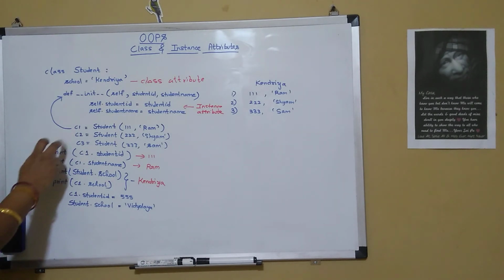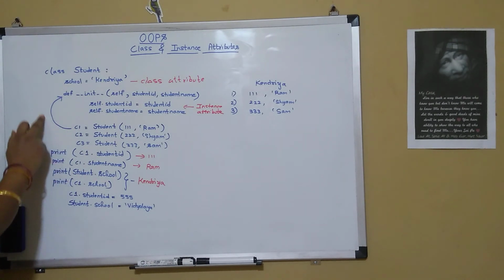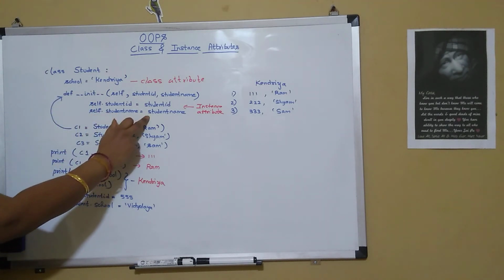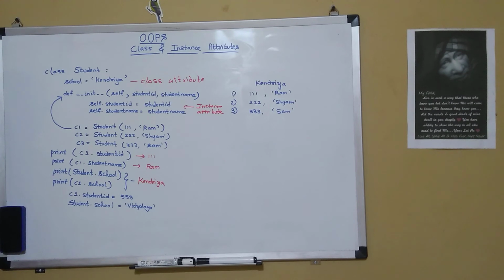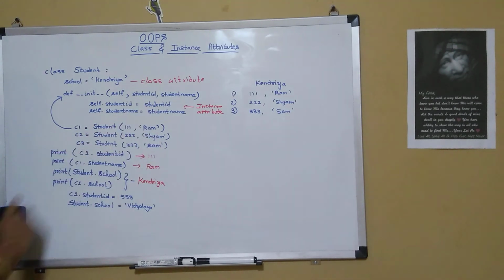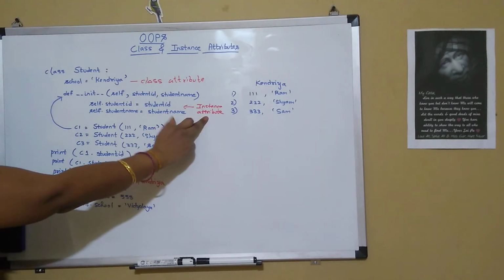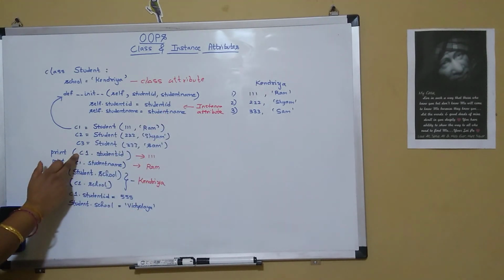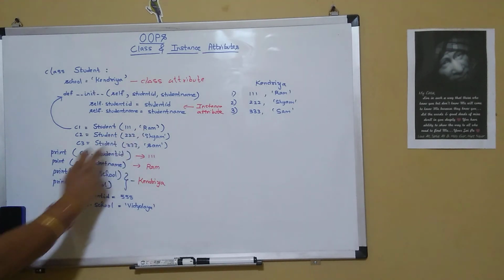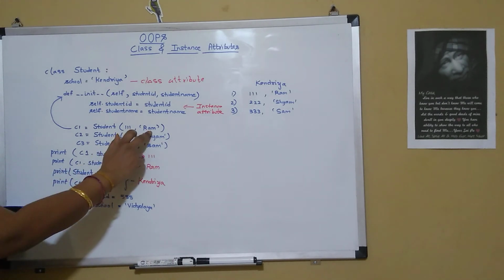And whenever we create an object, the first method which gets called is the init method, and it initializes the data variables, that is the instance variables. Now if we want to get the student ID, that is the instance attribute value, we have to say object name.student_ID and object name.student_name.